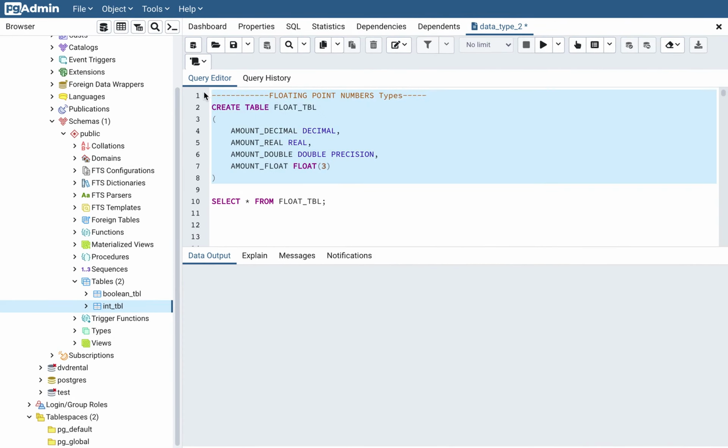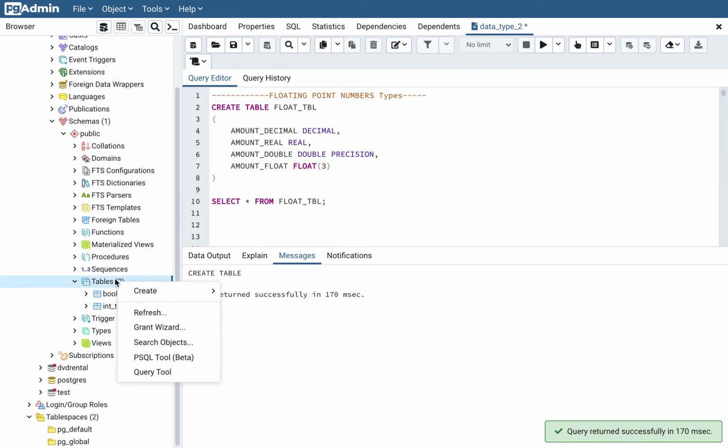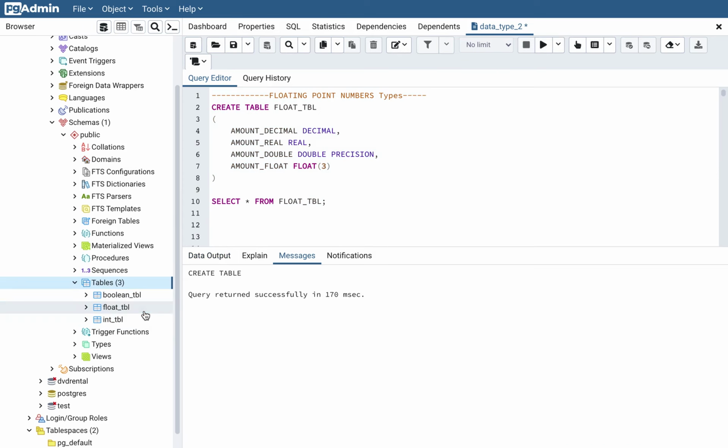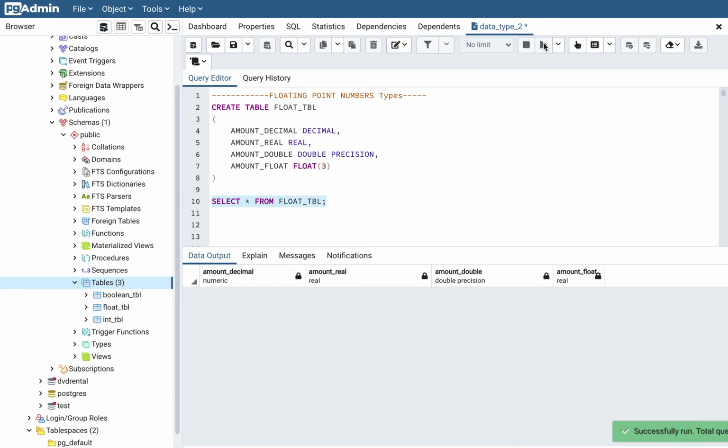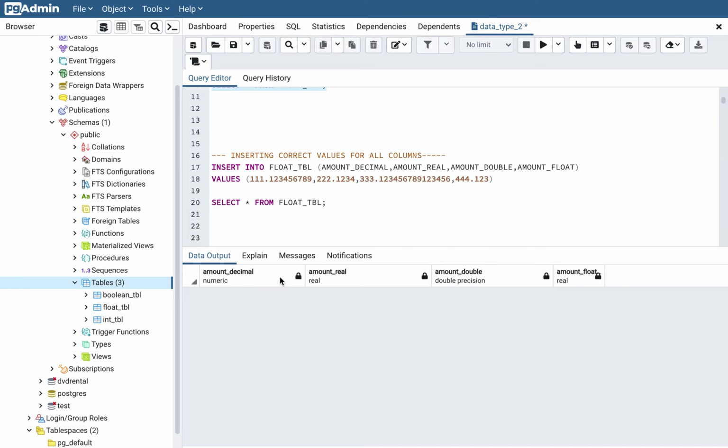Now let me execute this piece of query to look at our result. Our table has got created. Let me refresh my table, and you see I have got a table called float table. Now let me execute this. Now we know that we will only get the columns, we will not get the values because we have not inserted any values.